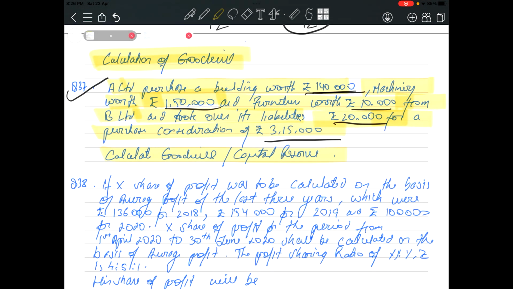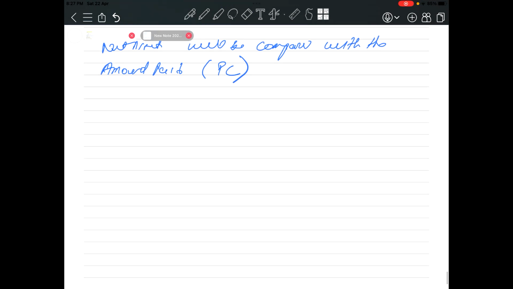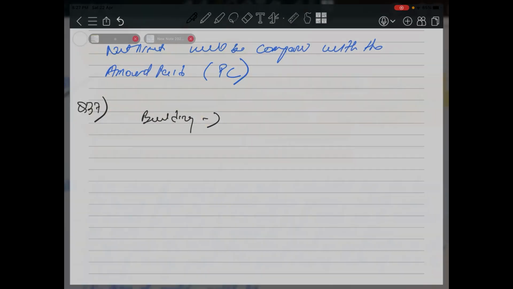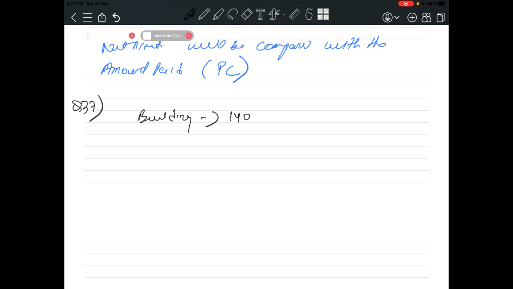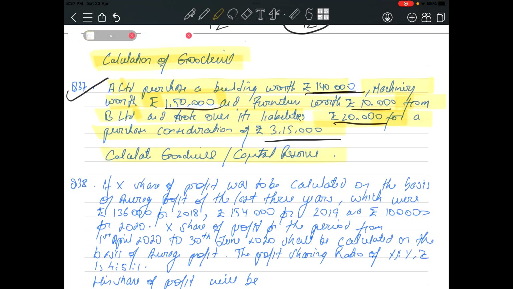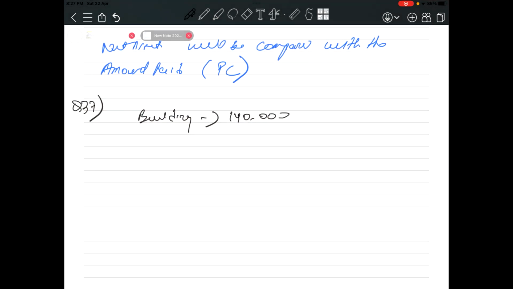Question number 37. Here purchased building worth rupees 1,40,000, and machinery worth rupees 1,50,000.